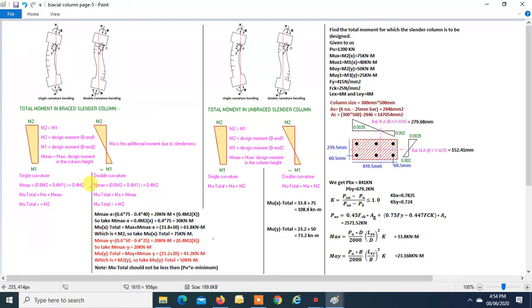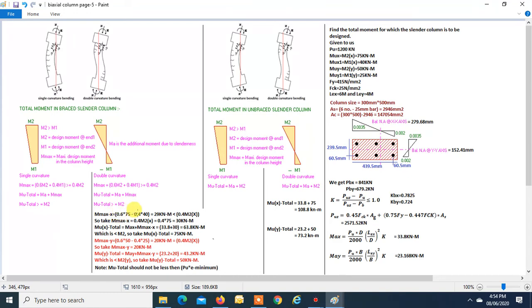Now we have to find M total. M total is equal to additional moment plus Ma. Now the code says, we are taking the case that the column is under double curvature, right? So the code says Mx is equal to 0.6 M2 plus 0.4 M1, where M2 is the larger moment and M1 is the smaller moment. First taking the major axis, M2 is 75 and M1 is 40.